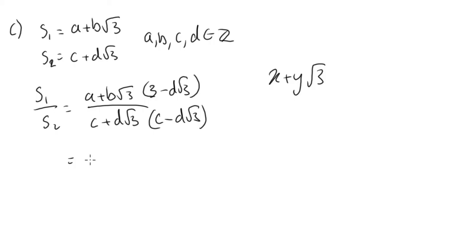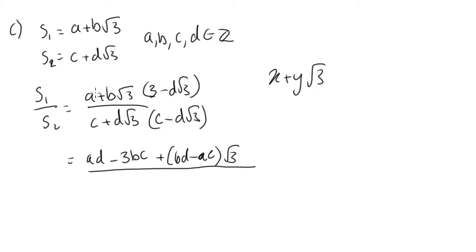Okay, so when you expand this out, so expanding out the top, you're going to get AD, and I've already collected the like terms as well, minus 3BC plus BD minus AC lots of root 3 all over.